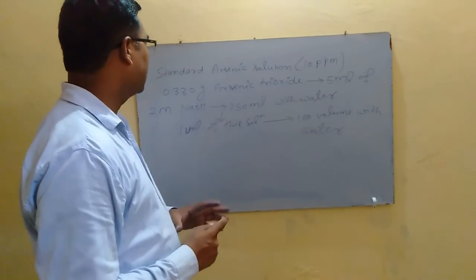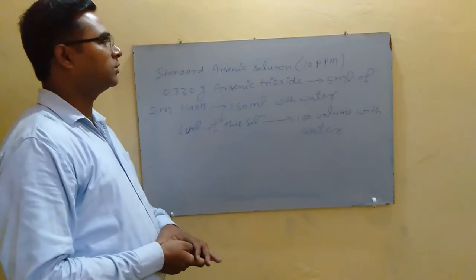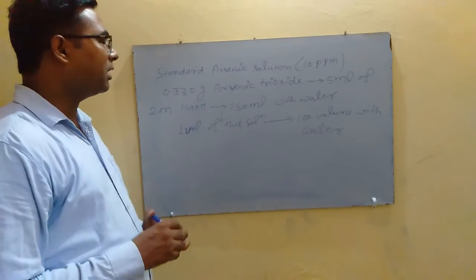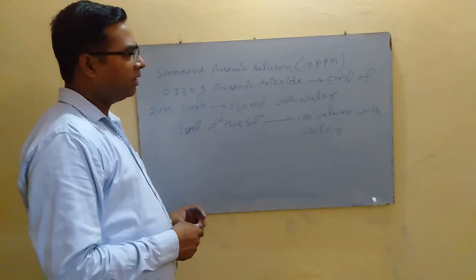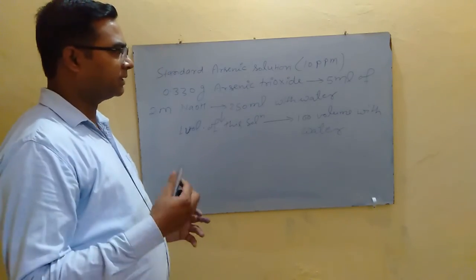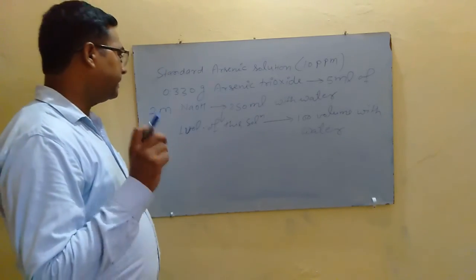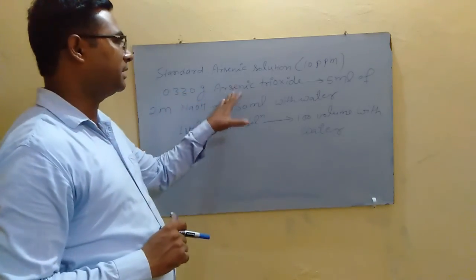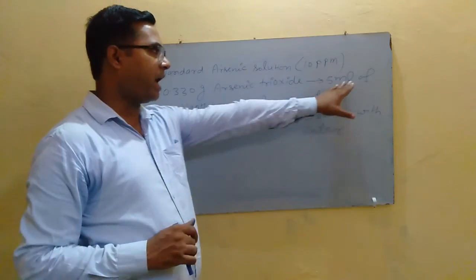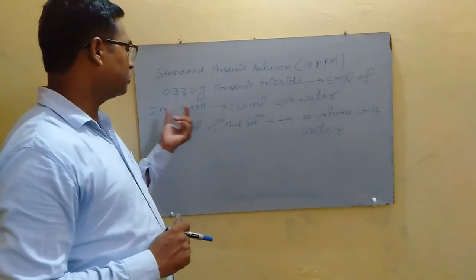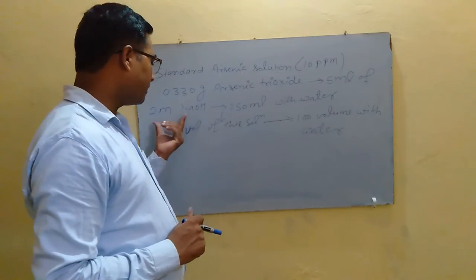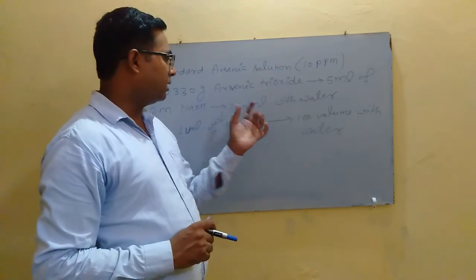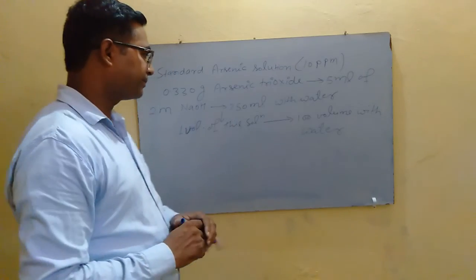Now coming to the preparation of standard arsenic solution, 10 ppm. The standard arsenic solution of strength 10 parts per million is prepared by dissolving 0.330 gram of arsenic trioxide in 5 ml of 2 molar sodium hydroxide solution, and the volume of this solution is made up to 250 ml with water.